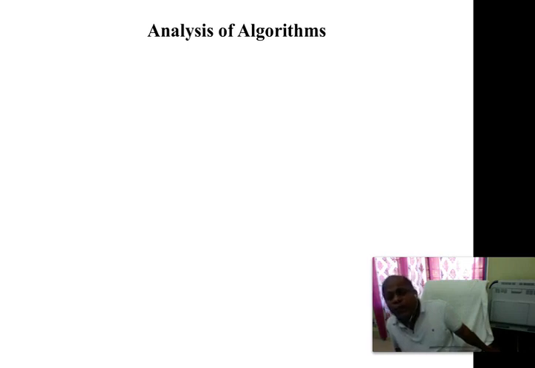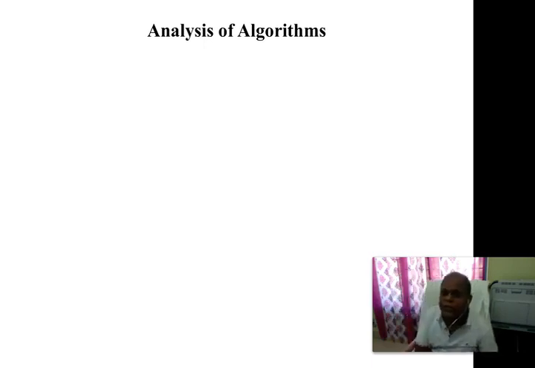Now in this class, this is the third class, I am going to discuss analysis of some of the sorting algorithms. As I have told, analysis of an algorithm is nothing but finding the resources required by the algorithm.